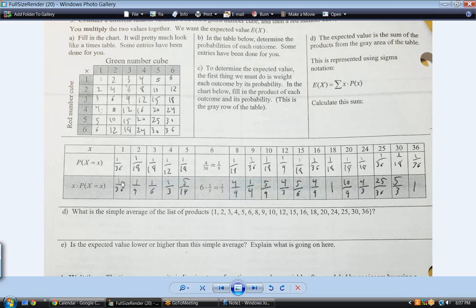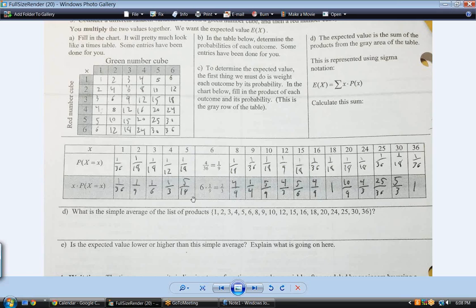There's only 1/36 of a probability of having the product be 1, but it's much more likely to get a product of 5. So the 5 would be more heavily weighted than the 1. When you figure the expected value, you're basically weighting each of the possible outcomes by its probability.